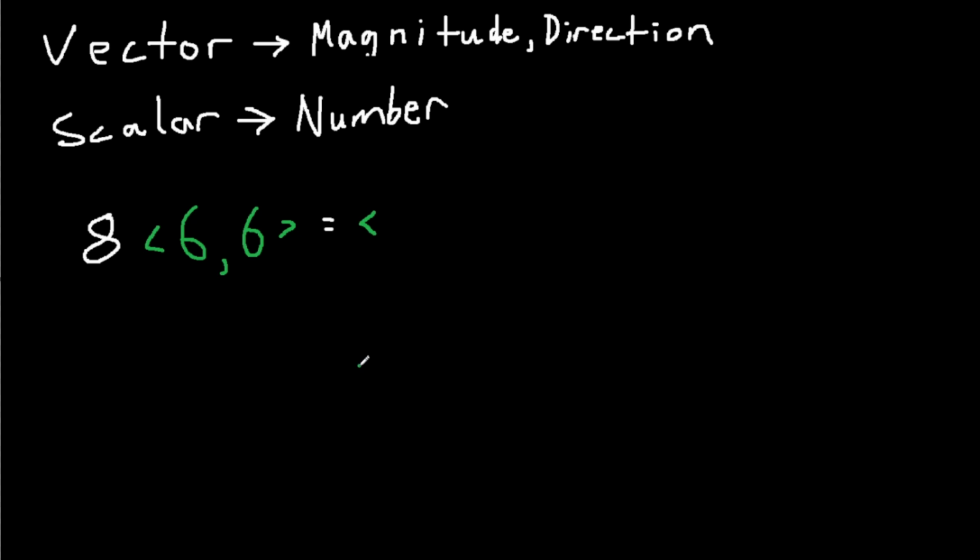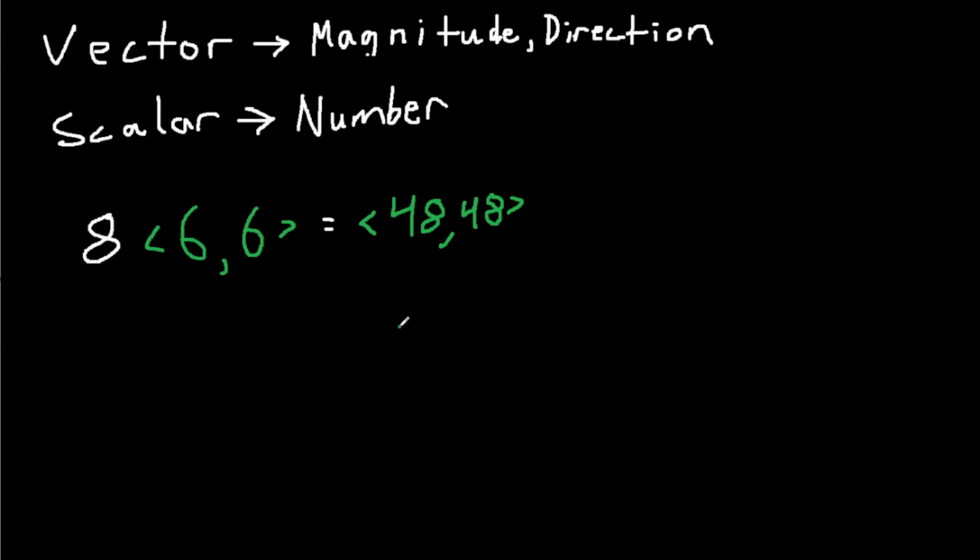So you just use the distributive property here. Just multiply whatever scalar you have, or whole number, that you're multiplying a vector by, and multiply everything inside of the vector. What do you get? 8 times 6, and then you get 48. And 8 times 6 again, you get 48 again.